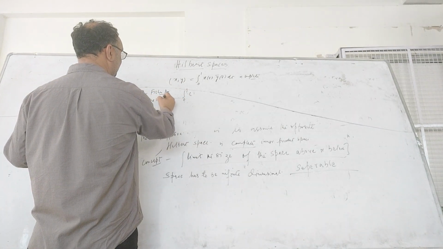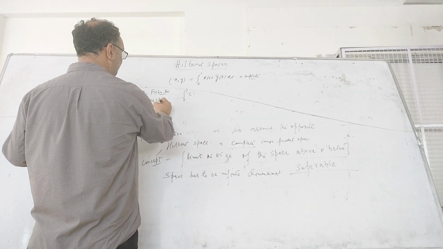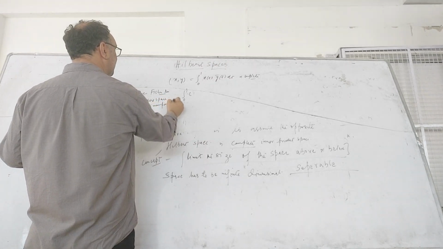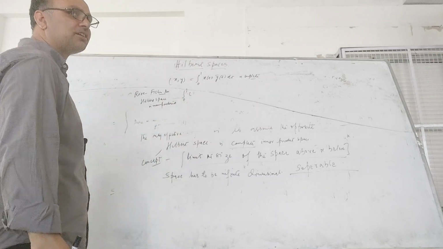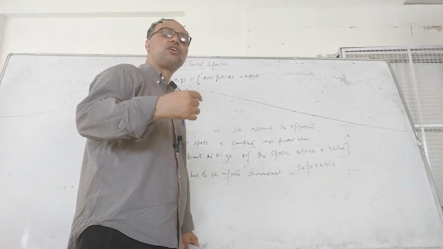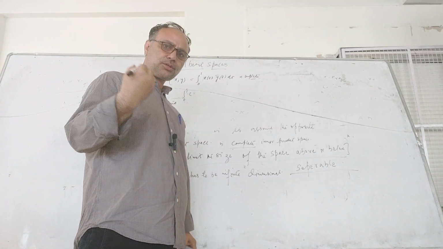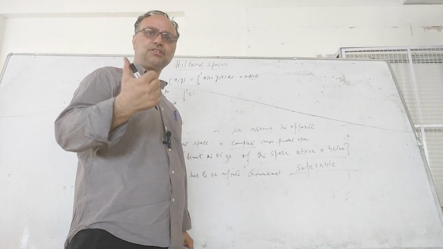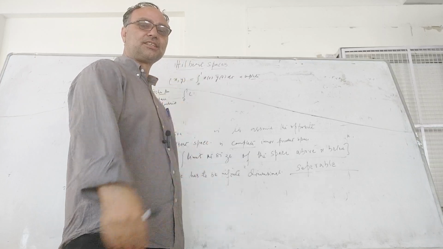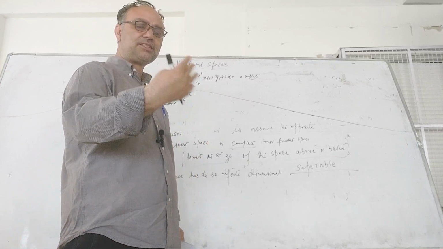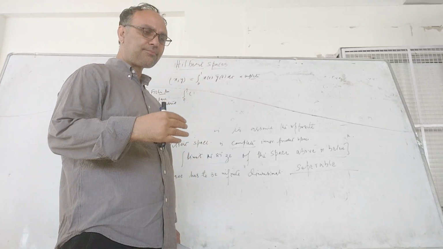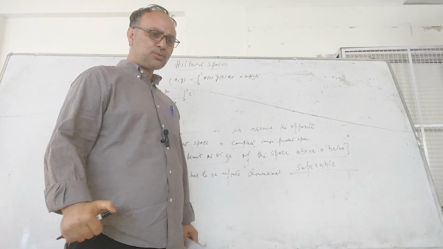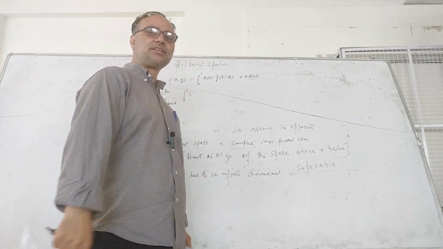Hilbert space is manufactured in the sense that the way we used the Gram-Schmidt orthogonalization condition, previously also we studied how to construct spaces.